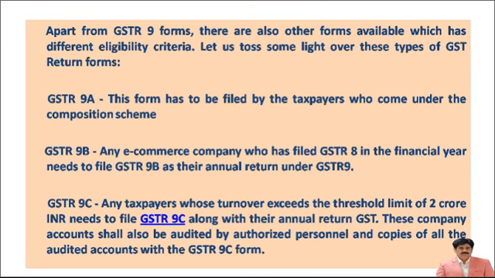Under the GSTR 9 annual return, there are 3 categories: GSTR 9A, GSTR 9B, GSTR 9C. GSTR 9A, those who have applied for the composition scheme, they have to submit. GSTR 9B, e-commerce organizations, they have to submit. GSTR 9C, business organizations who have crossed the threshold limit of 2 crores. Simply, they need to submit.